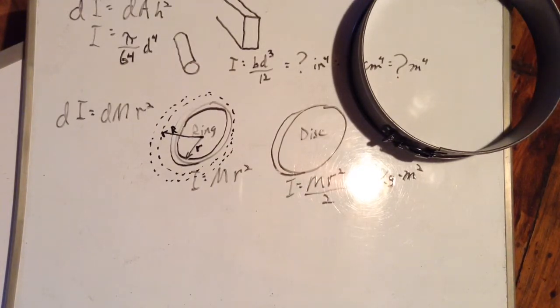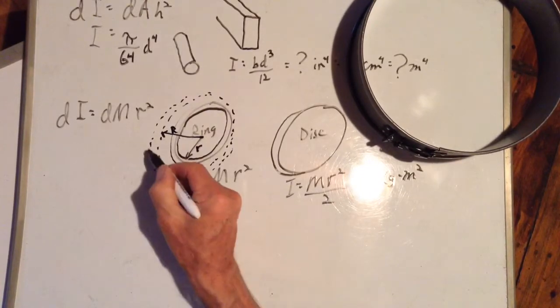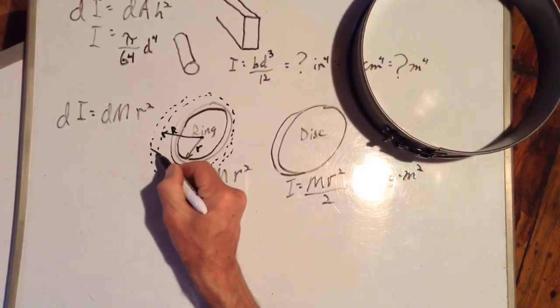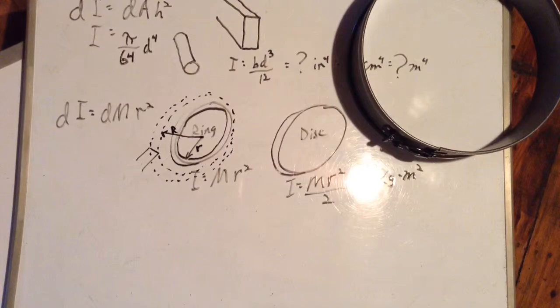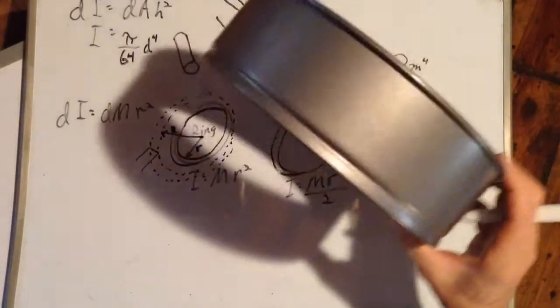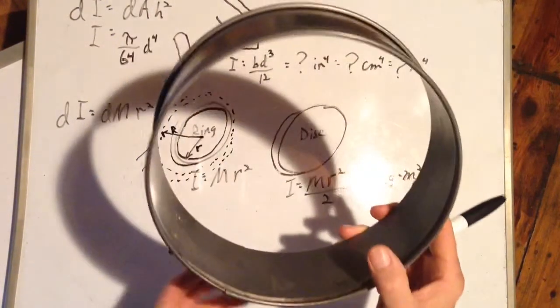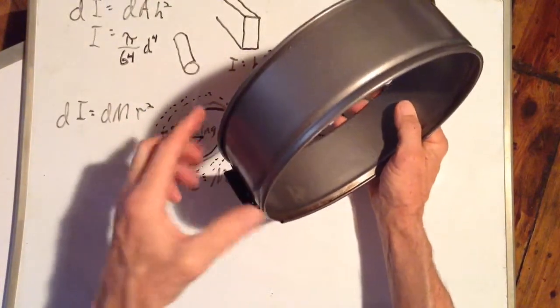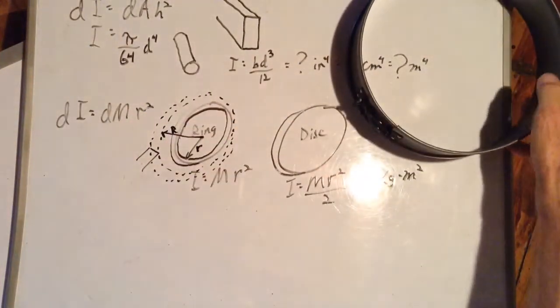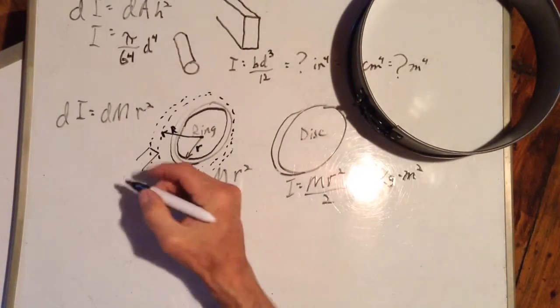Let's say our incremental ring has the same width as our disk, from there, measured across to there, that distance. Here's a cheesecake cooking ring. We'll use it to better illustrate this. What we're talking about, width, is from there to there. We'll call it W.